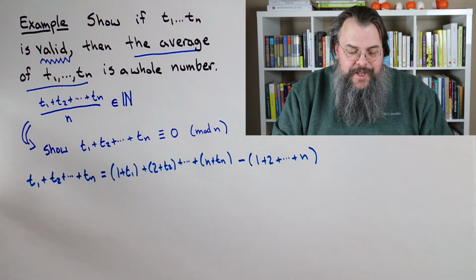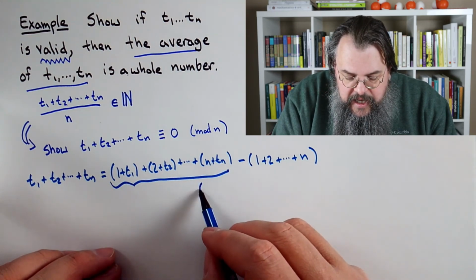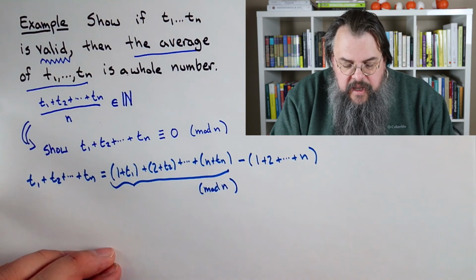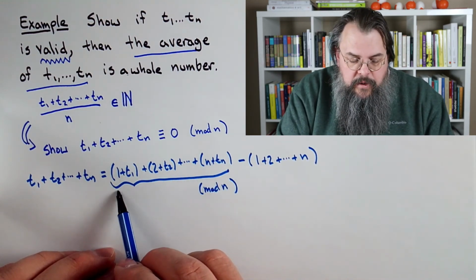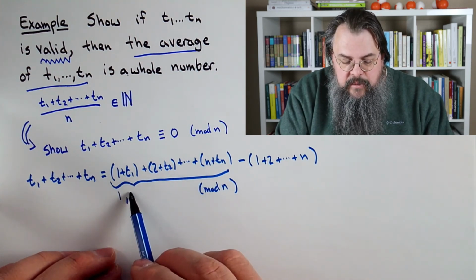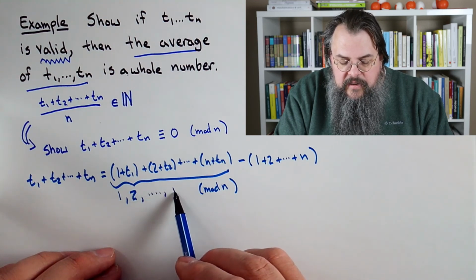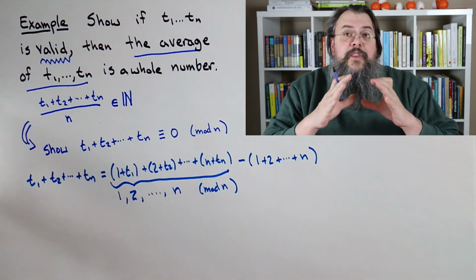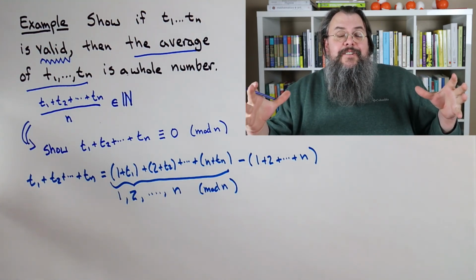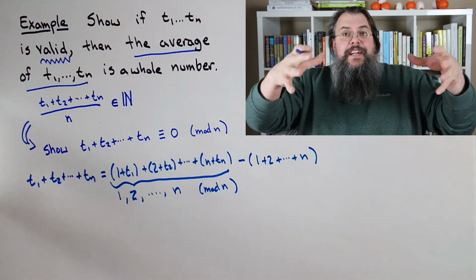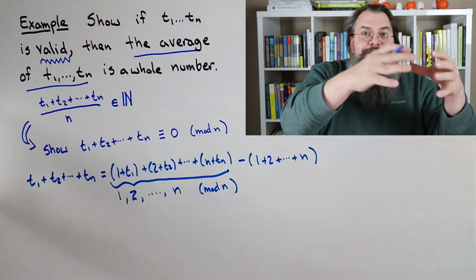Okay, so here's the cool thing. When we look here, and we look at things mod n, what will we see? Well, we're going to see somewhere there has to be the number 1, somewhere there has to be a 2, somewhere there has to be a 3, and so forth and so on, all the way to somewhere there has to be an n. They're distinct, mod n. And see, mod n, when I say I have n things to put in these n slots, and they're all distinct, that means every slot gets filled.